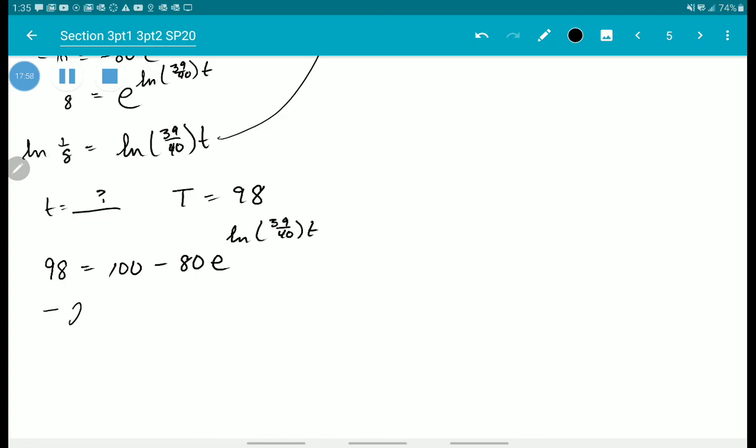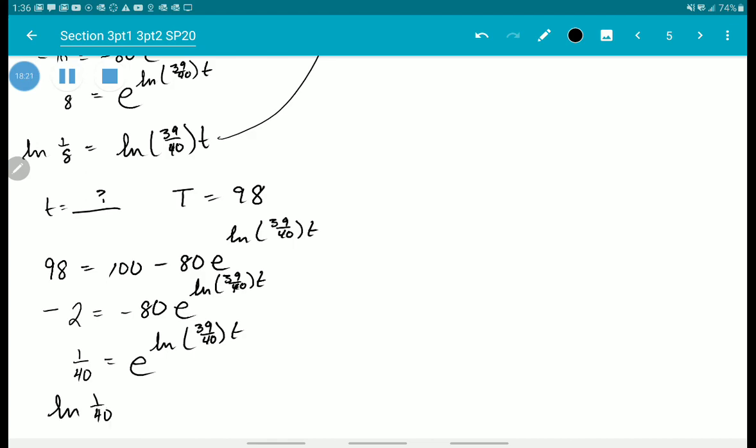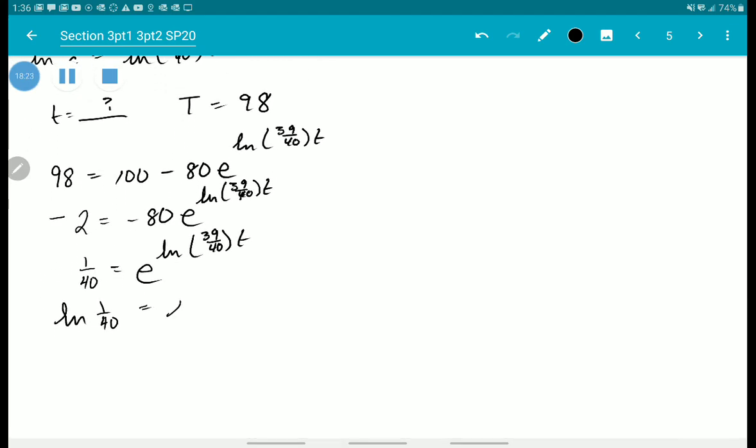So now we're going to have negative 2 here. Divide by negative 80, that's going to give me a 1 over 40. Take the ln of both sides. That's going to leave me with just the exponent on the right.